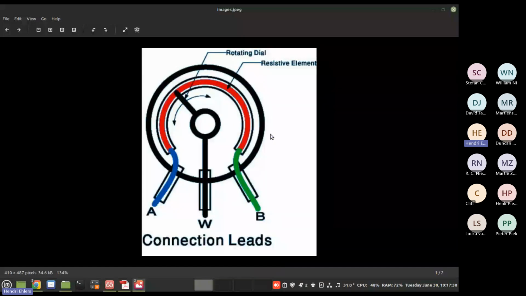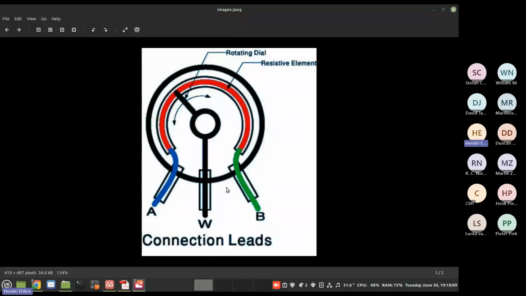So if, for argument's sake, this is a 10K potentiometer and the wiper is turned all the way this way, this would measure 10K, and this would measure 0 ohm. Should you turn the wiper halfway, you'll have 5K on the one side and 5K on the other side. And once again, whatever you take away from the one side gets added to the other side.